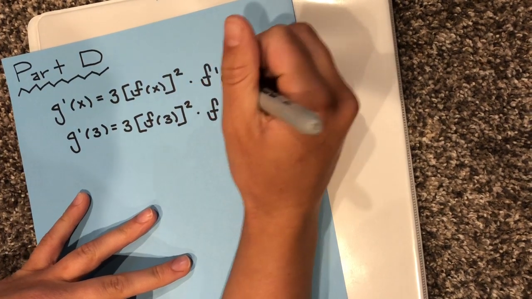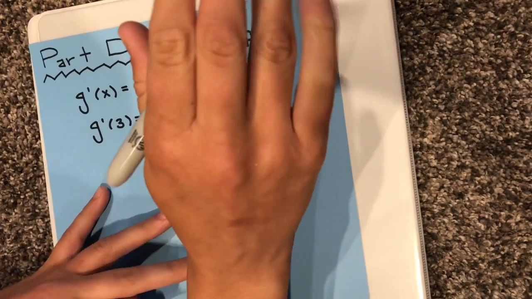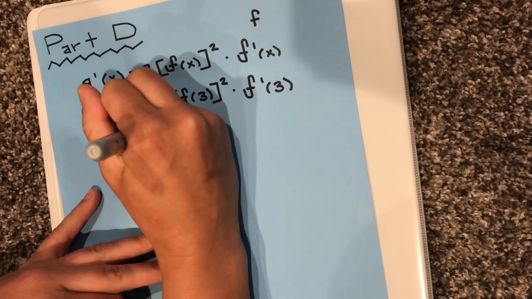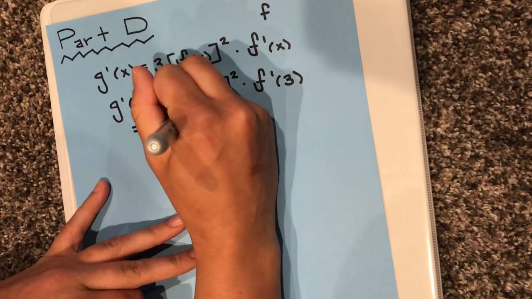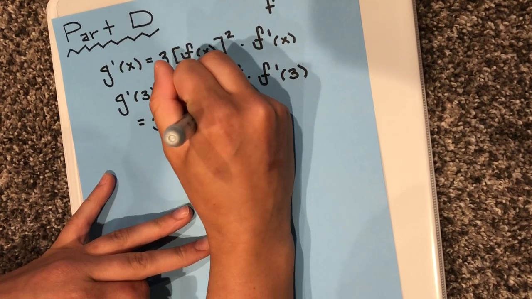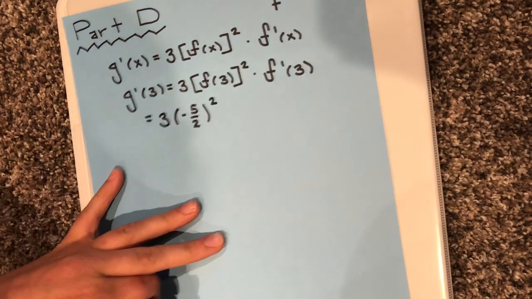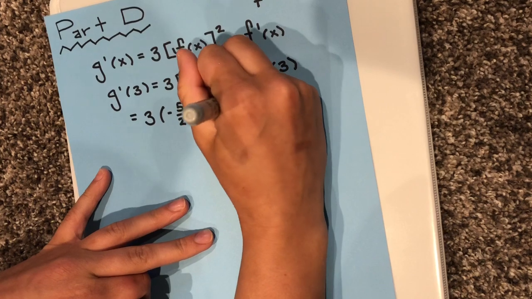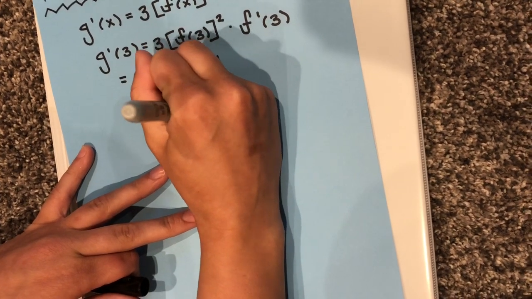Yes, this is an F. I know I did it like this before, but this is an F. I am sorry to the audience. So then you can show that a simplified version of your answer equals g prime of 3 = 3 times (negative 5/2) squared times 4. This can all then be simplified to 75.